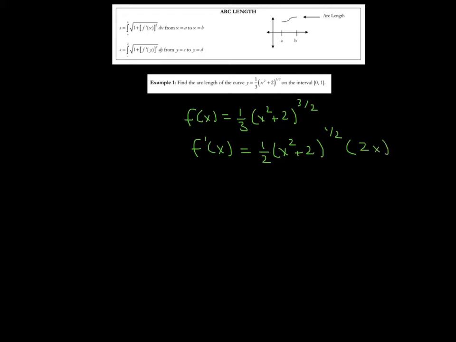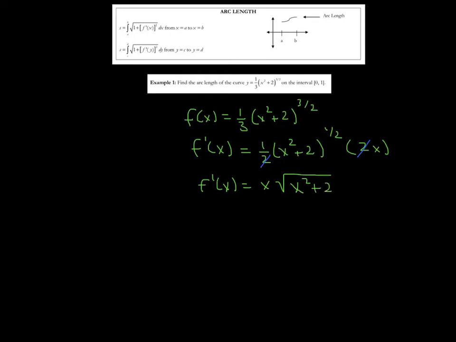And we see here that the 2's are going to cancel. And that's simply going to leave us with the function f prime of x equals x times, well, why don't we write it as the square root of x squared plus 2.